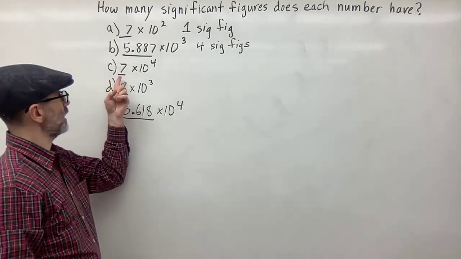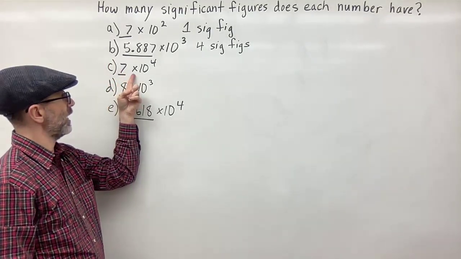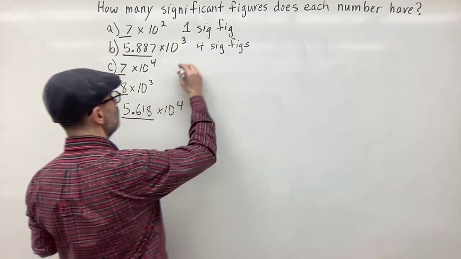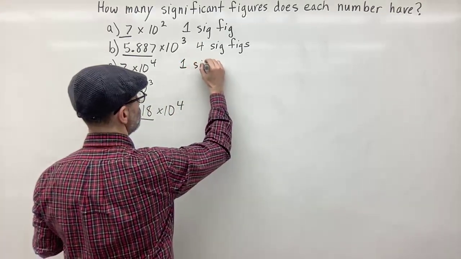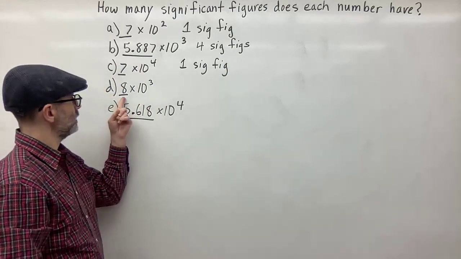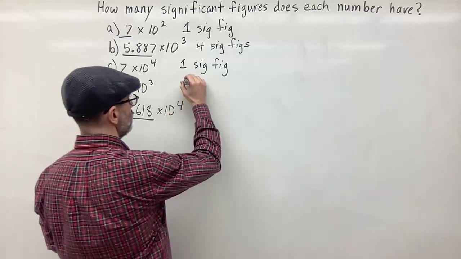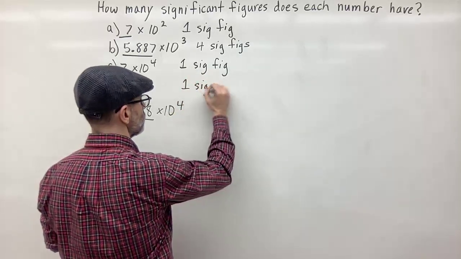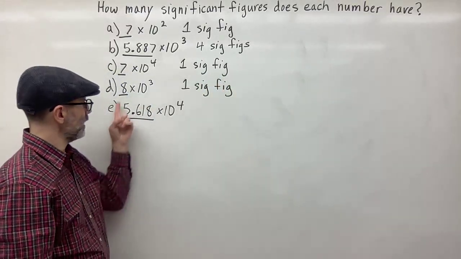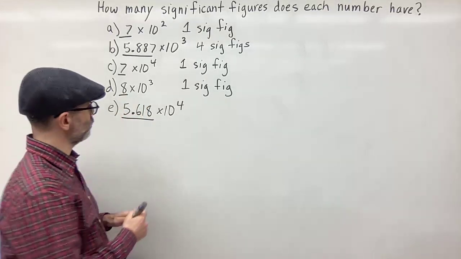If I go to C, again I only have one digit in front of the times 10 to the power, so this is 1 sig fig again. For D, again, I just have the 8 there, so that's 1 sig fig. And here I have 1, 2, 3, 4 digits, so that's 4 sig figs.